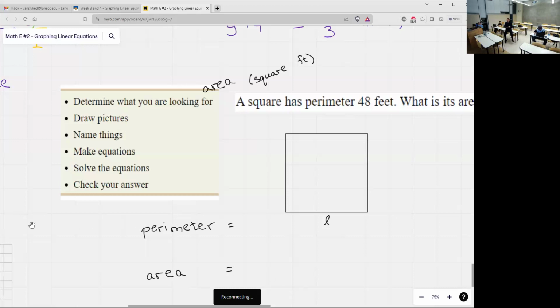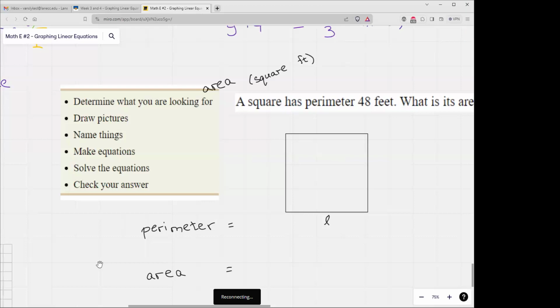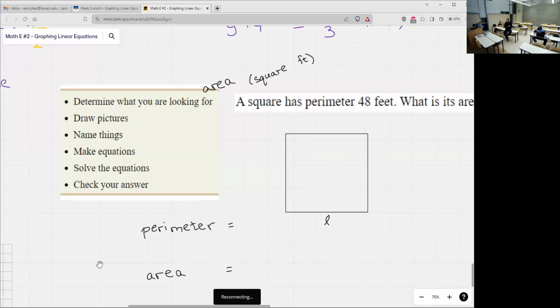Try now, reconnecting. I hit reload on the web page.